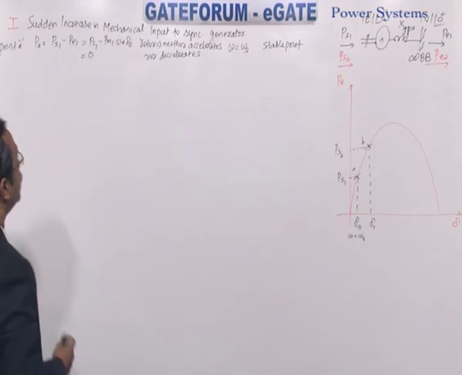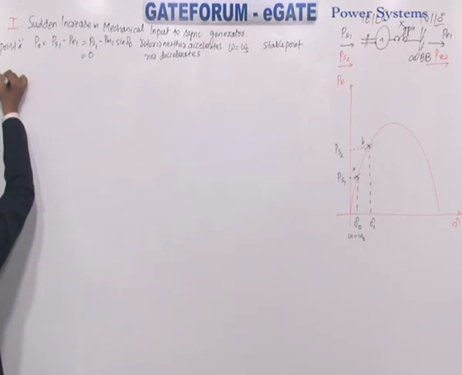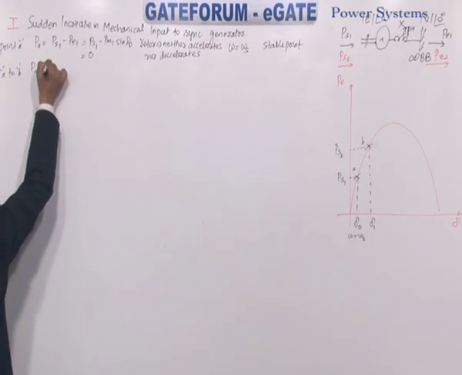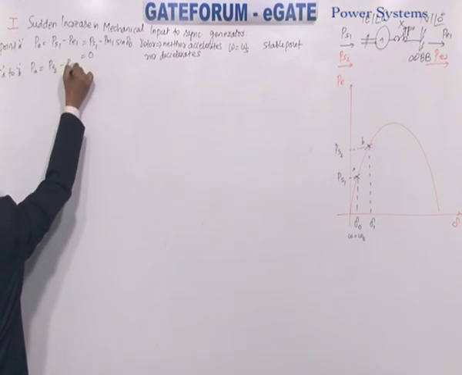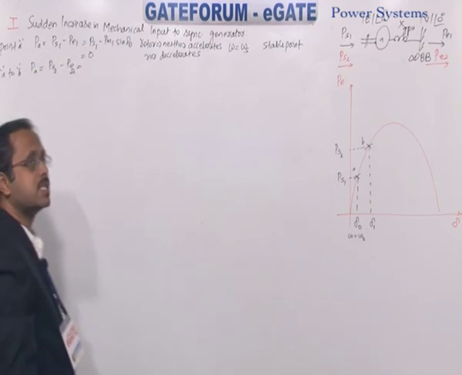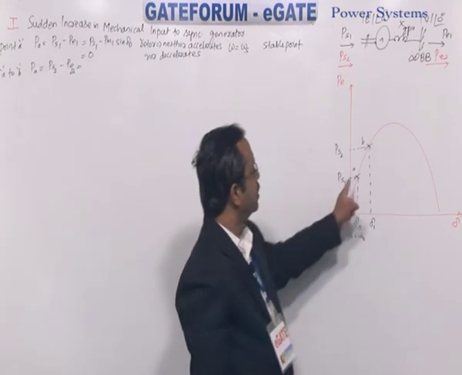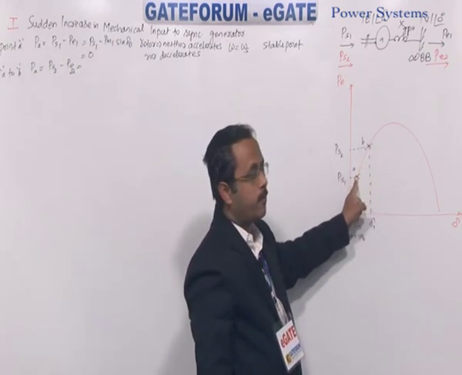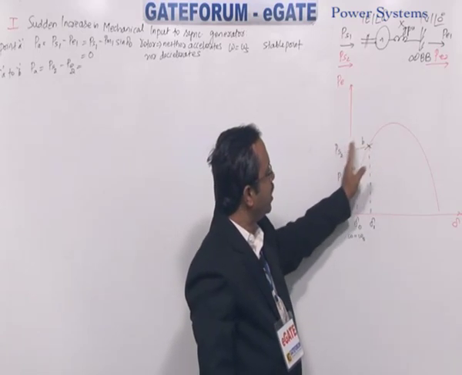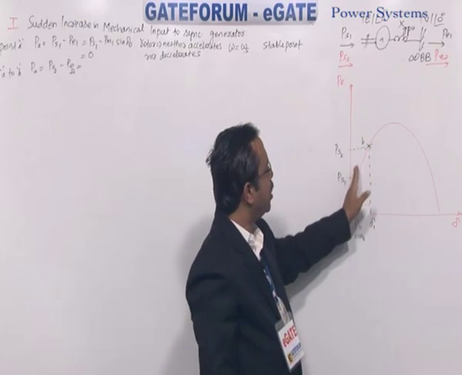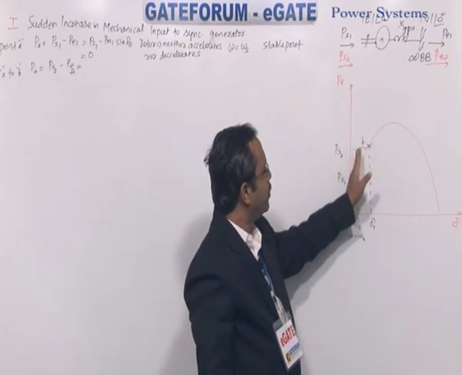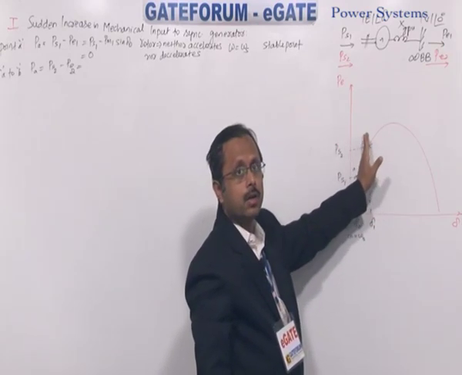And now we check the transition from A to B. So what is PA now? Mechanical input is increased. But what about the electrical output in this duration? This is the electrical output. Here is the mechanical input. You can observe electrical output is less than mechanical input.